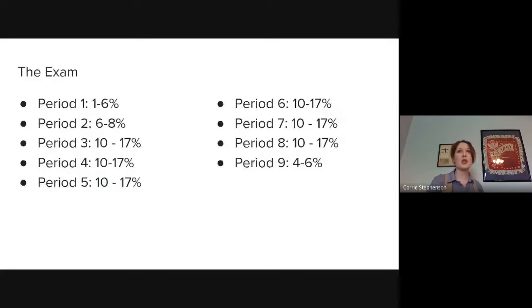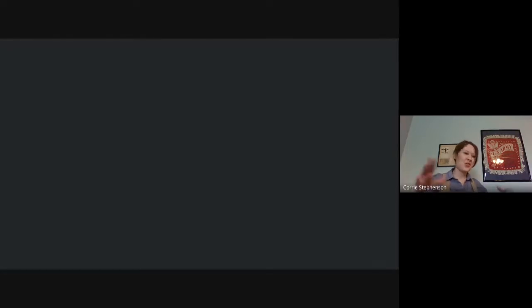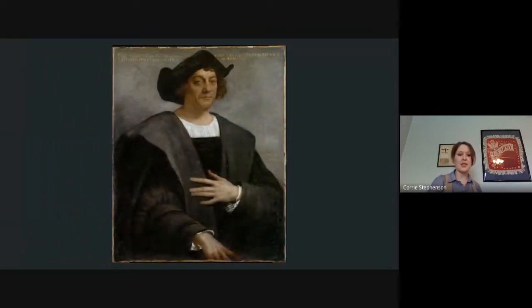So Unit 1 starts with the first contact between Europeans and Native Americans. And we all learned the little rhyme in elementary school. And in 1492, this dude sailed the ocean blue. And he discovered the New World, which is amazing and awesome and great, except that it was only a new world to Europeans.